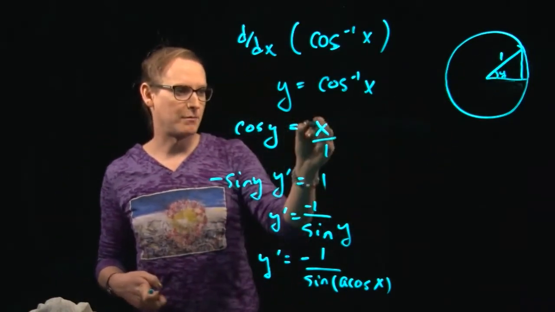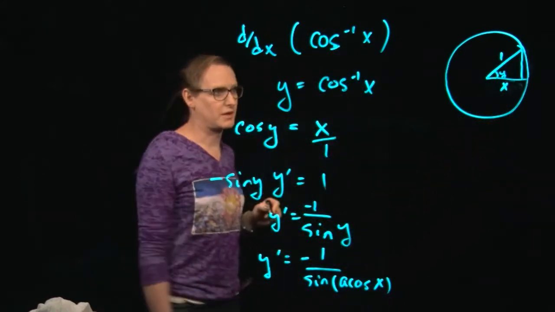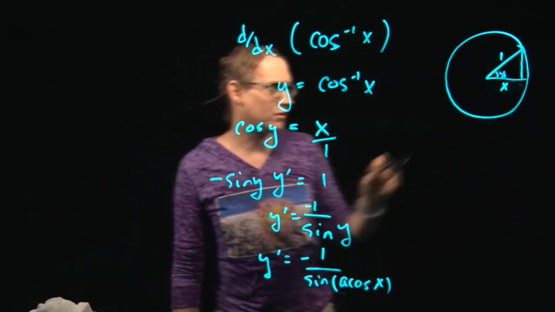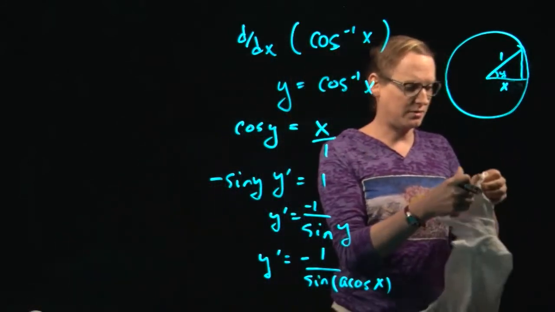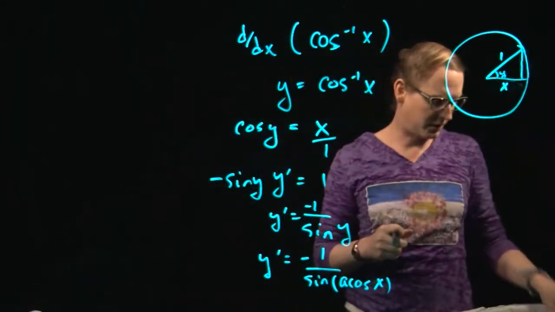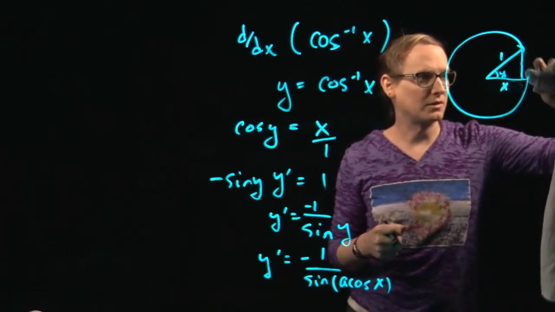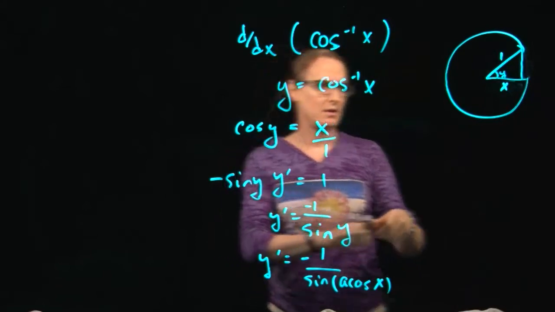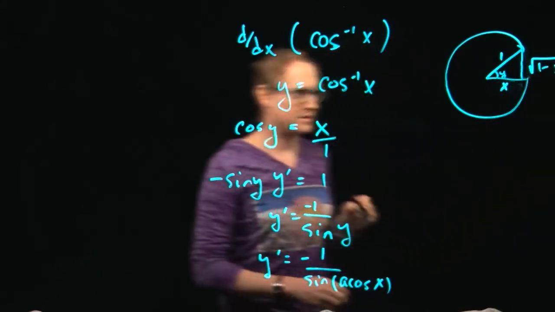So this is going to be adjacent over hypotenuse, so that leg right there is going to be x in this triangle. And then the other leg is going to be the complement in the Pythagorean theorem, so that the two side lengths, 1 squared and summed, give you 1. So the right thing to put right here is the square root of 1 minus x squared.